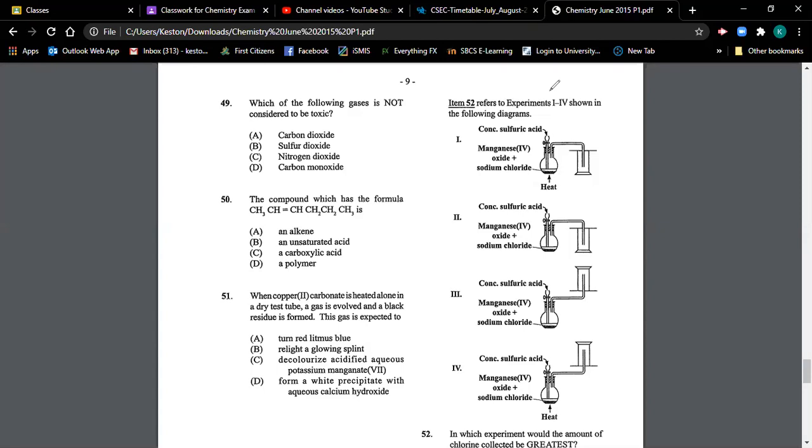Carbon dioxide is only harmful in large quantities, and carbon monoxide is toxic because you can get carbon monoxide poisoning.